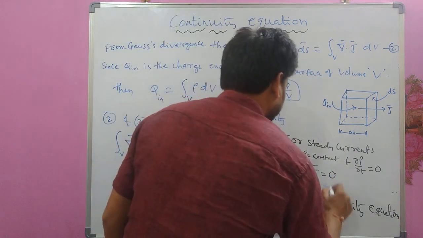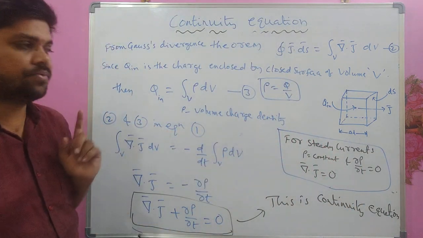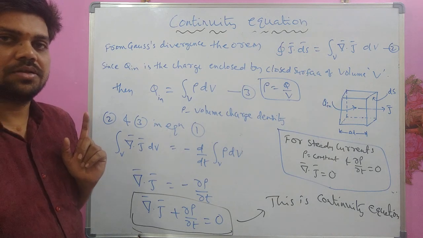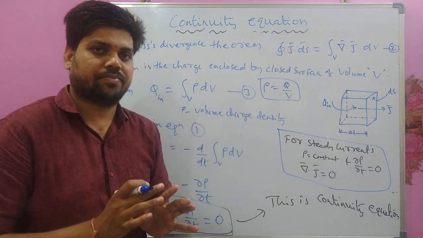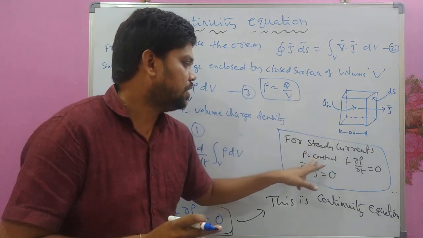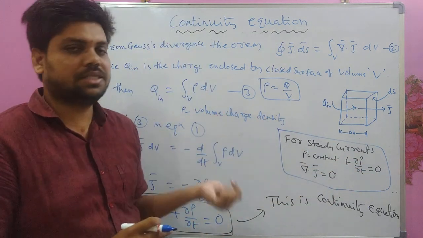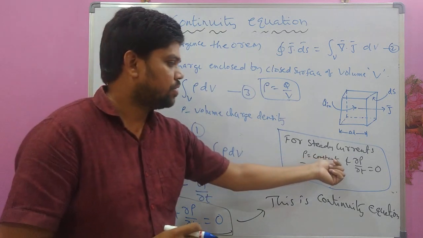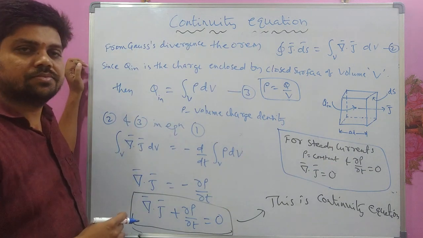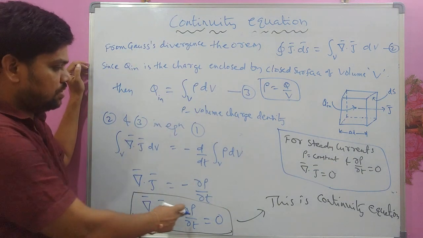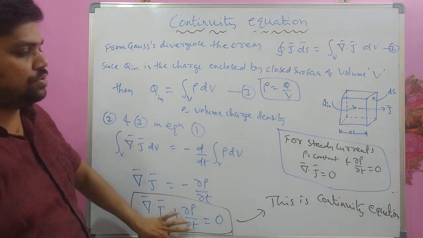For steady currents, steady currents means time independent, so rho is constant, and the time derivative will be 0. What is rho? Volume charge density. So dou rho by dou t equal to 0, del dot J will become 0. So this is a special case of this, and this is the original continuity equation.